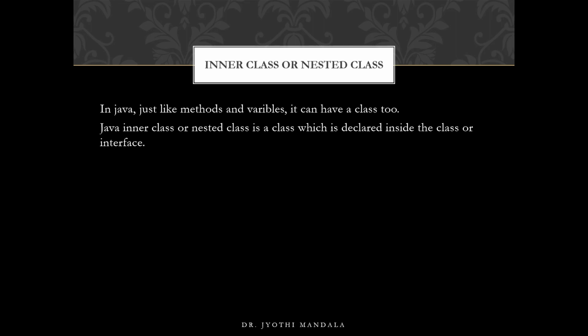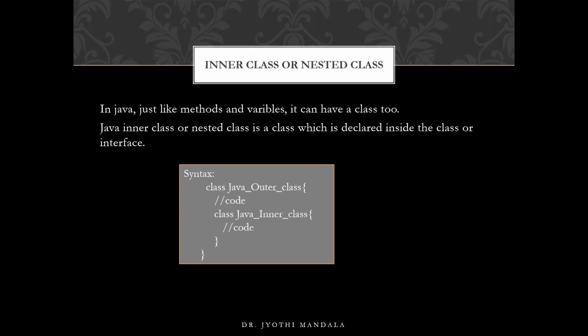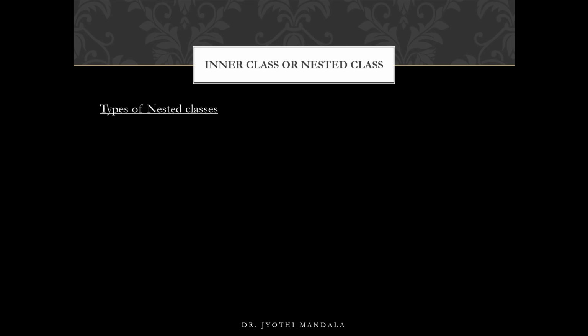Such a class is called an inner class or a nested class. The syntax will be like this. Normally we write class and a class name, and inside that we write our code, which includes our variables, methods and constructors. Along with that, we can have one more class declared inside our class. That class is referred to as an inner class or a nested class. This is the normal syntax that we need to have.